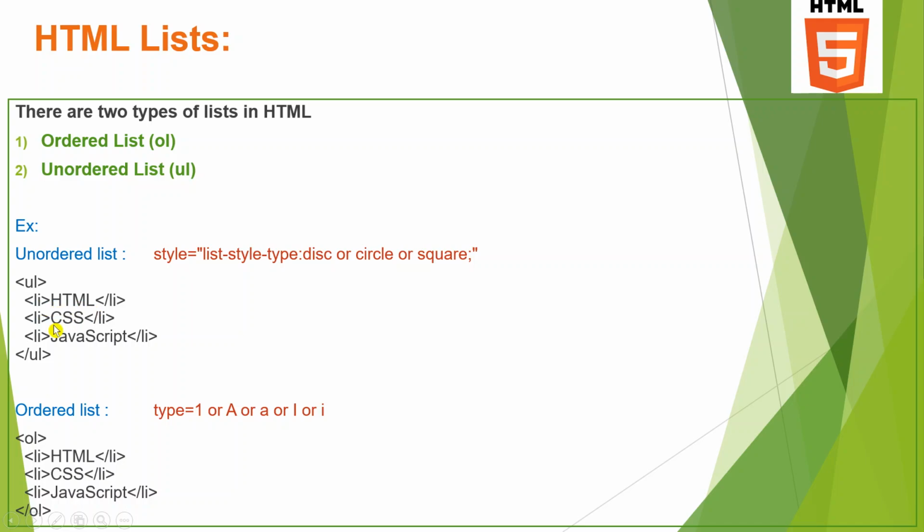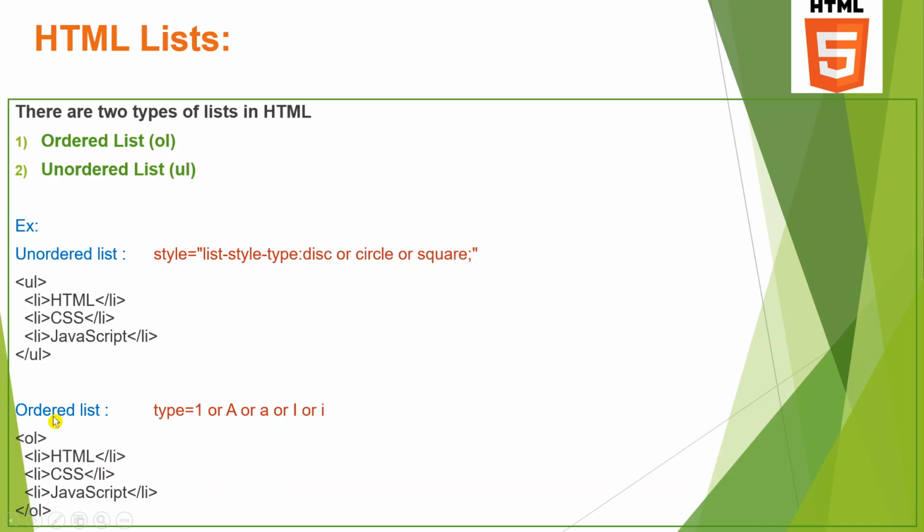So the first is html, the second entity in that list is css, and the third entity in that list is javascript. If you give this source code as an input to the web browser, then the web browser will display it like bullets. So there is no order for this list.